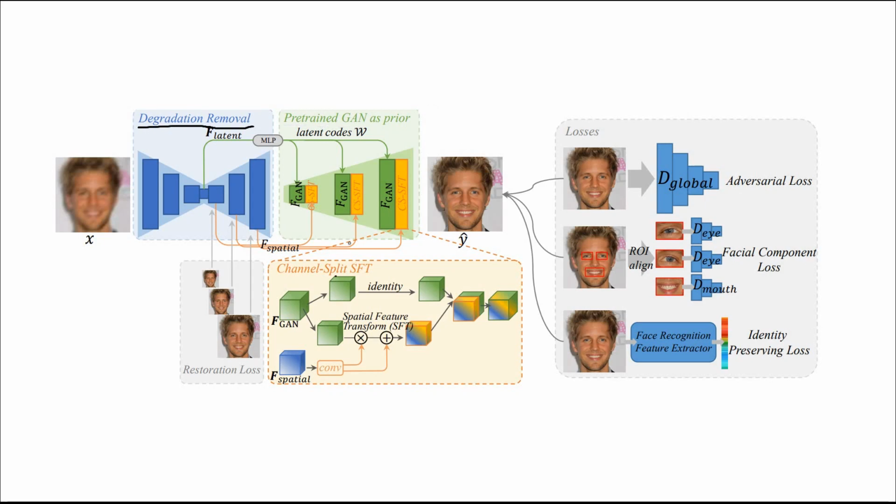How can we do that? Firstly, we will take two things from our degradation removal module. The first thing is F latent. What is this? It is just, let's say, a vector which has the most important information in our input image, of course without noise and blur. Now what we will do actually is pass it through dense layers, linear layers.